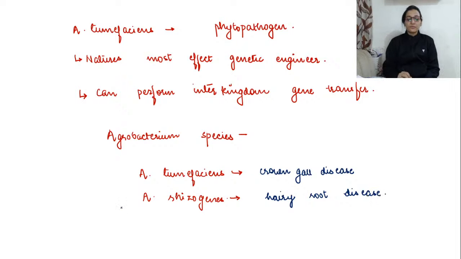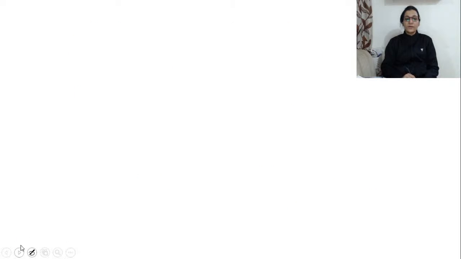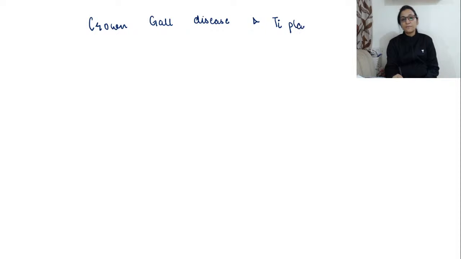Now we'll be talking more about Agrobacterium tumefaciens, which causes crown gall disease, and the plasmid responsible for this is the Ti plasmid.